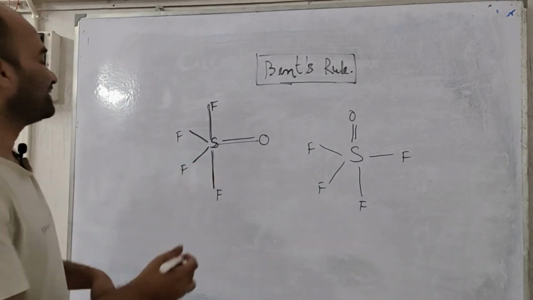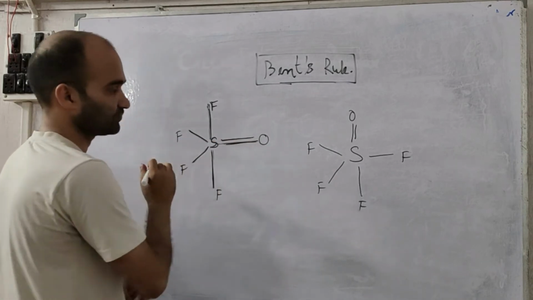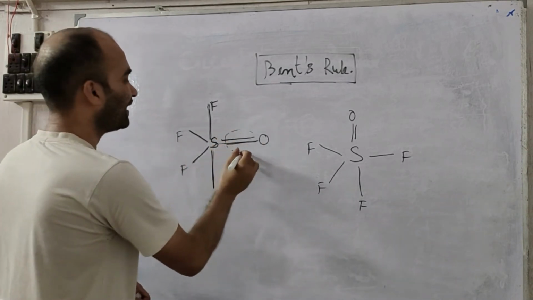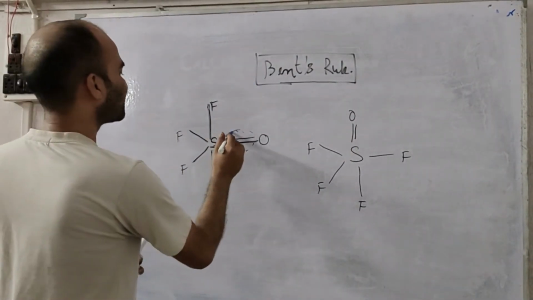Now, as there is an extra pi bond with oxygen, this bond has greater electron density surrounding it.